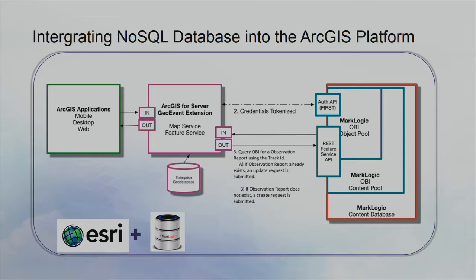It's an application that allows us to process that stream of data as it happens. We also use that to populate information back to the OBI or MarkLogic database. What we don't want to do is store data in two different locations. We want to access that information from anywhere, be able to visualize it, update it, or add to it. So that's our concept. I'm going to show you some of the applications that we use and how this actually works.